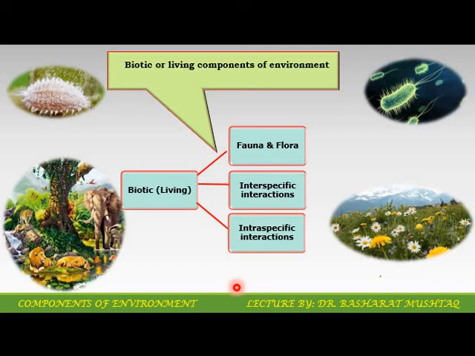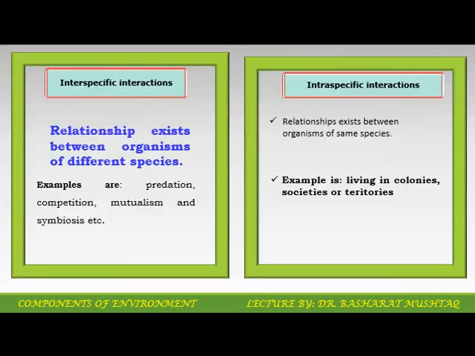In environment, living components form relationships with each other. These relationships are of two types. Let us first of all take a look at the interspecific interactions. Interspecific interactions are a type of association in which a relationship exists between organisms of different species.